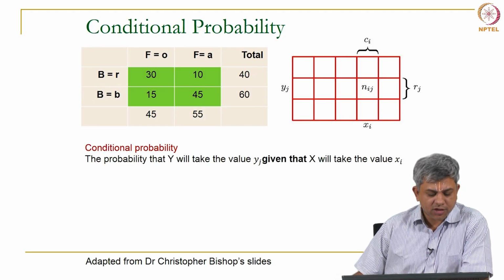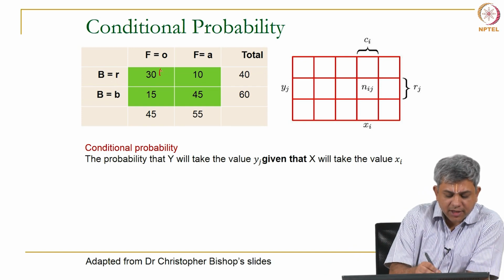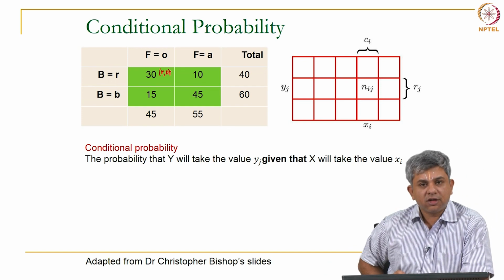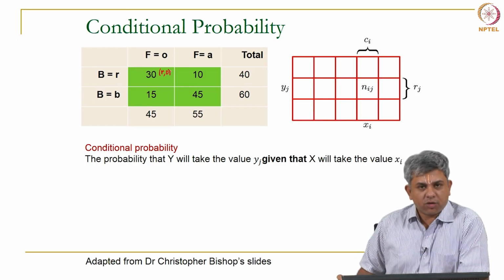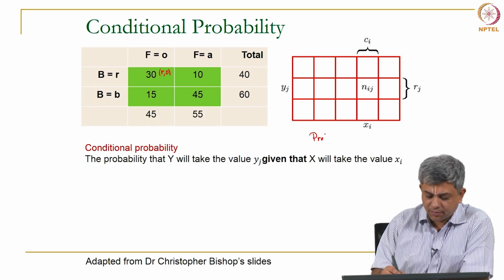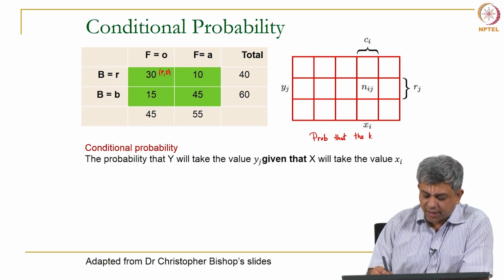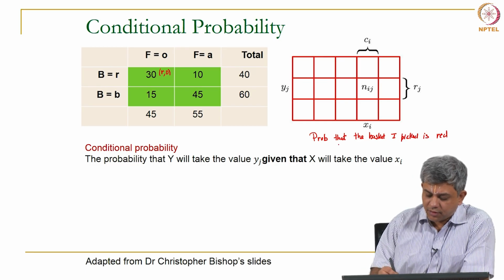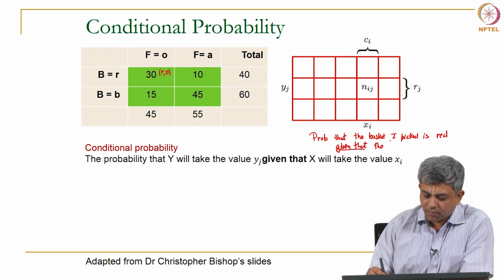Instead of just asking what is the probability that the basket is red and the fruit is orange, you can ask a question similar to the one that I asked in the beginning of this video, which is what is the probability that the basket I picked is red, given that the fruit was orange. Okay.